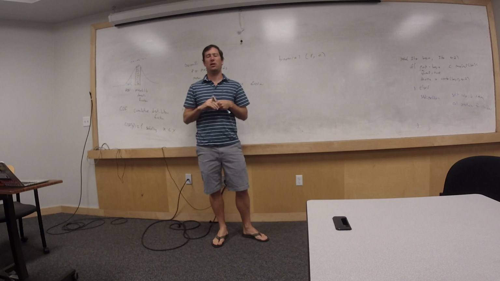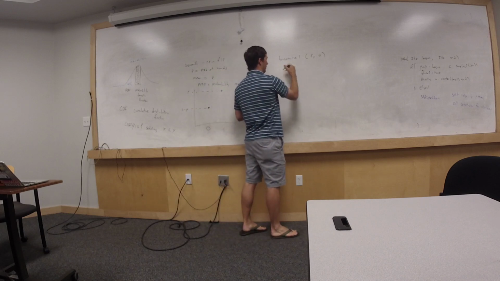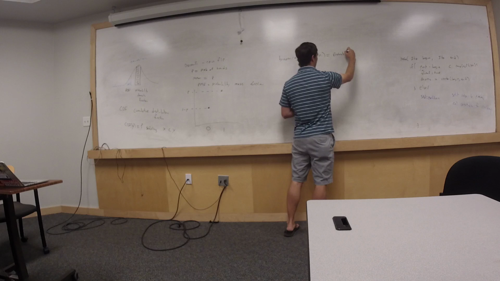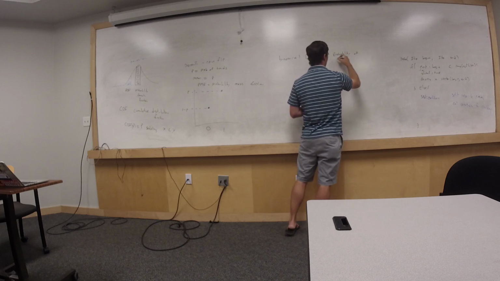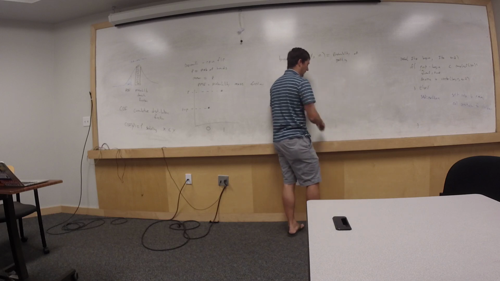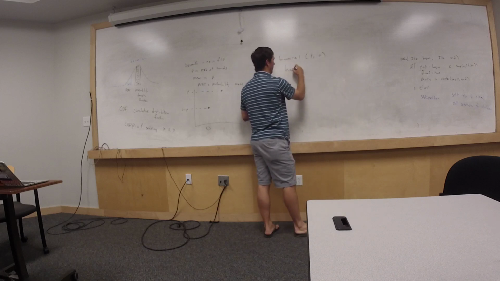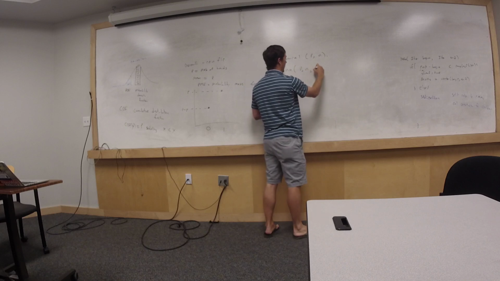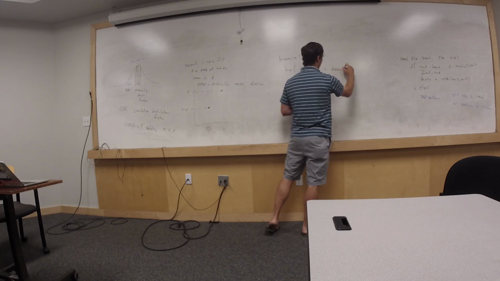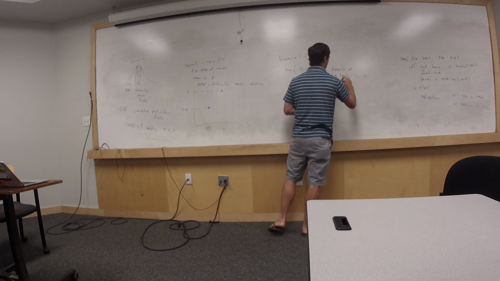And what does the binomial distribution tell us? So the binomial of p and an x, this is the probability of getting x heads in n coin flips.